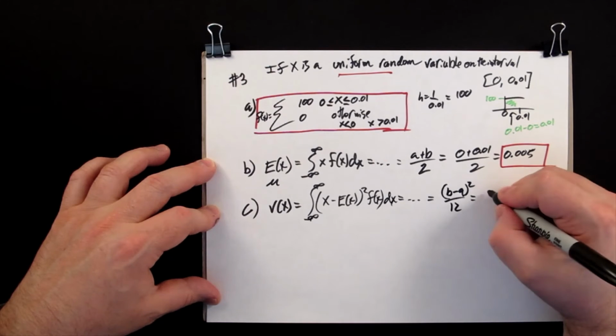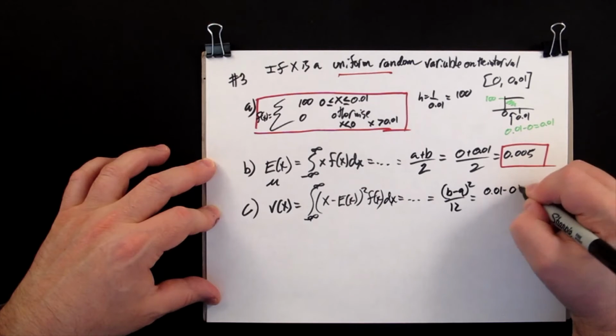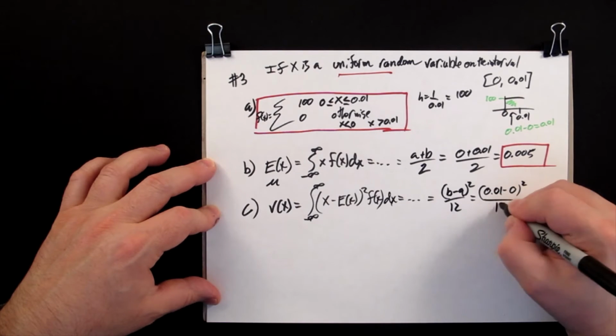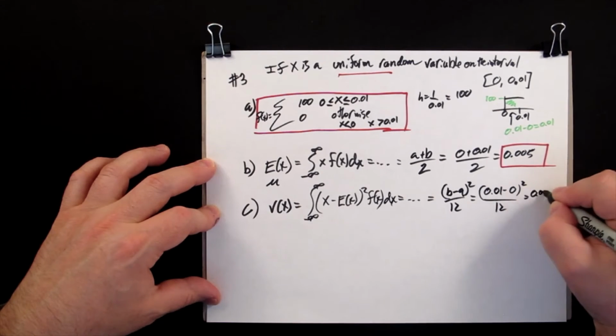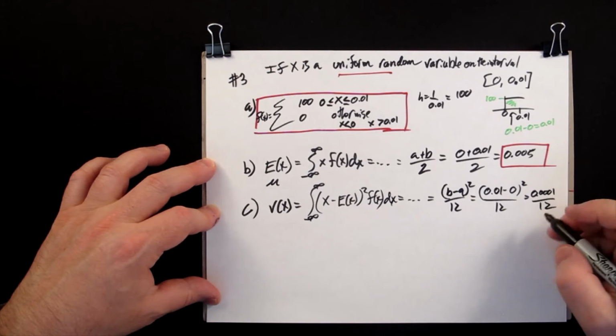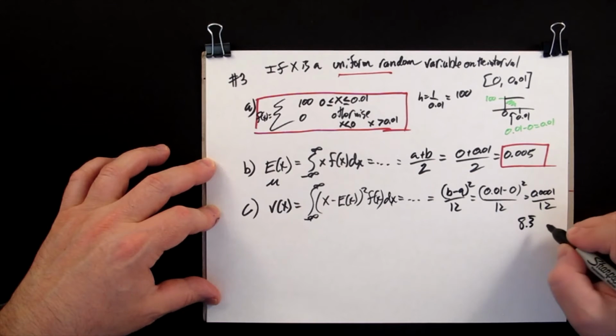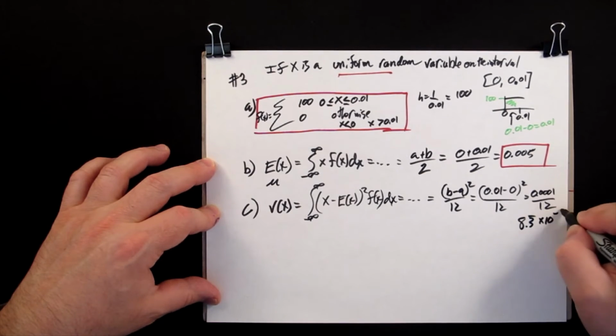So we have 0.01 minus 0 quantity squared over 12, so that is 0.0001 over 12, which is 8.3 repeating times 10 to the minus 6.